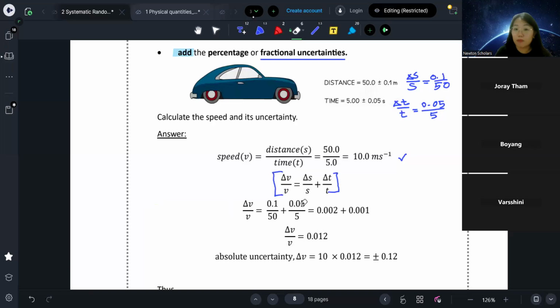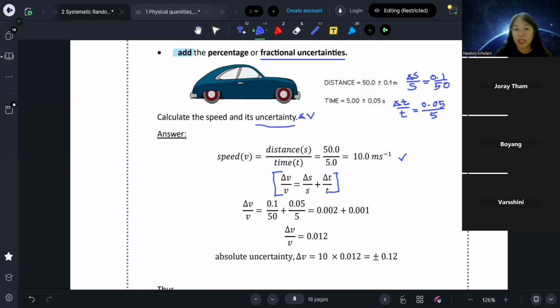Speed fraction actually is the distance plus the time. They are fraction of uncertainty. We add it up together. So 0.1 divided by 50 plus 0.05 divided by 5. So we get the answer 0.012.